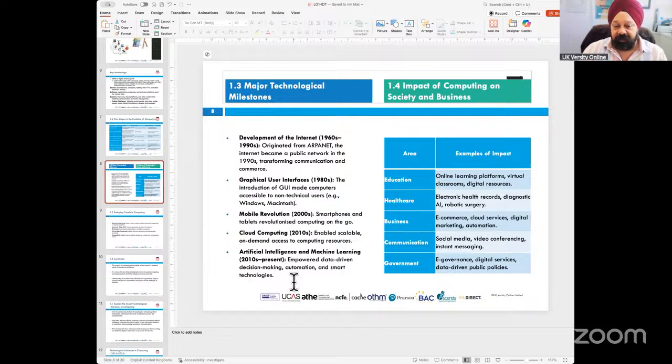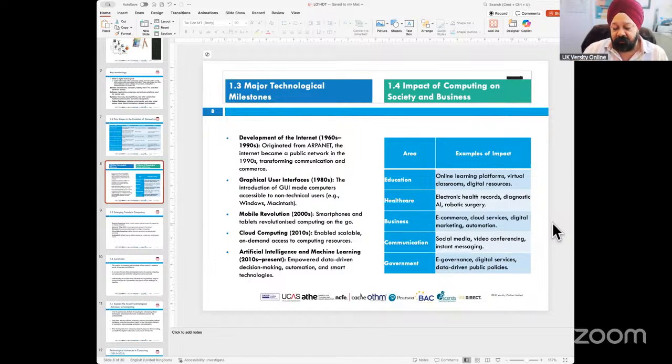Now, these devices are used across different sectors: education, healthcare, business, communication. And I've given a few examples of how these developments in technology have made an impact on each of these sectors. So when we talk about communication, you had the SNS, or social networking service, which came about in the early 2000s with Facebook and LinkedIn coming out. But today, without these services, it's very difficult to imagine whether we would survive.